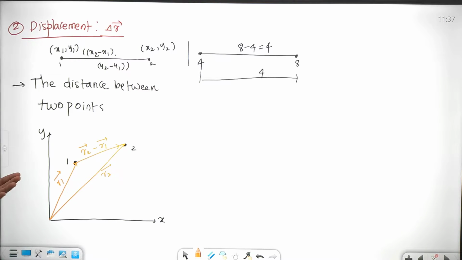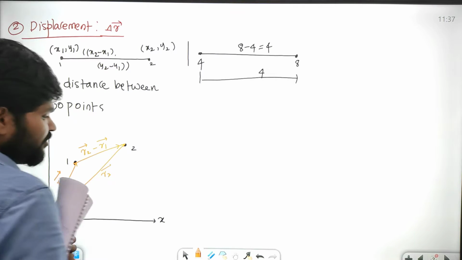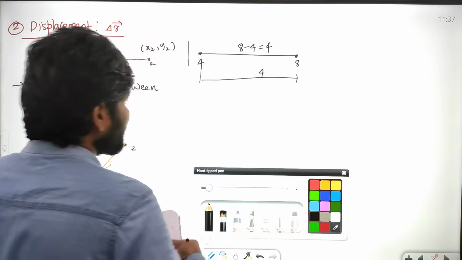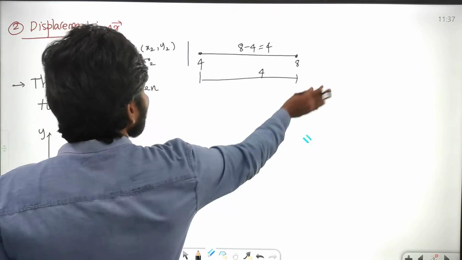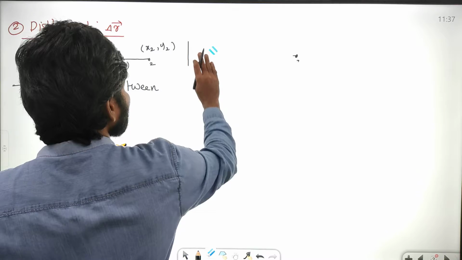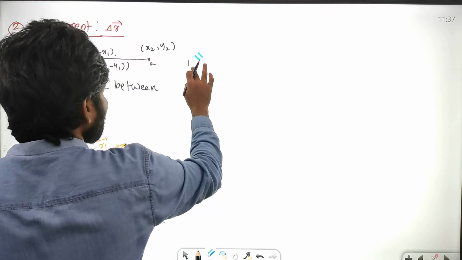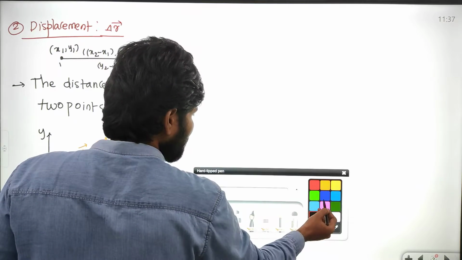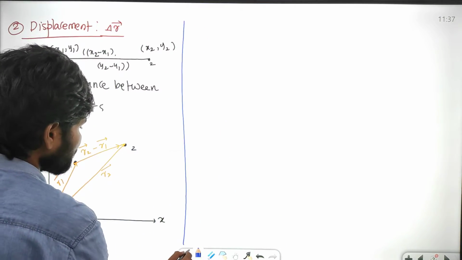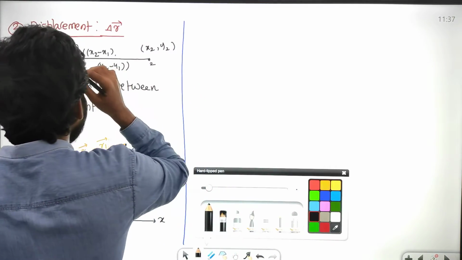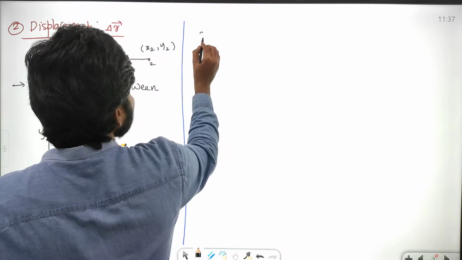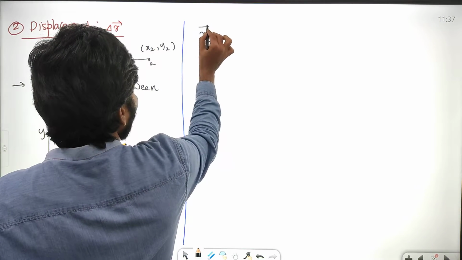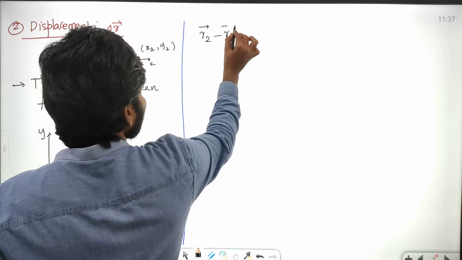Okay? Hope you understand. Now come to the definition, come to the formula, the analytical method. How to write that analytical method? Take displacement. What is the displacement? Displacement is nothing but r2 vector minus r1 vector.